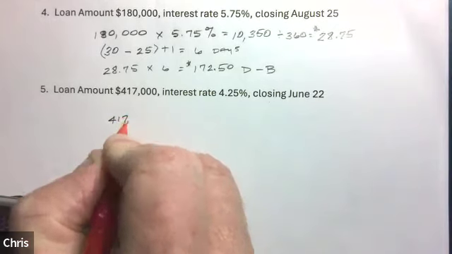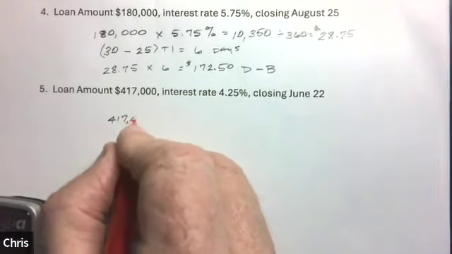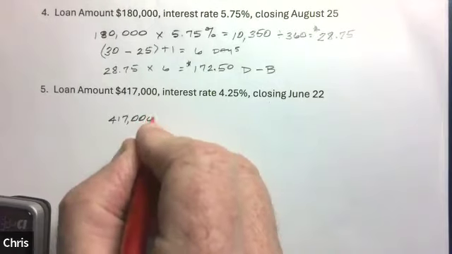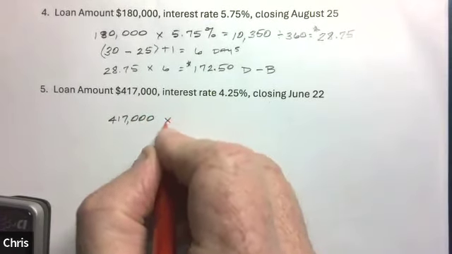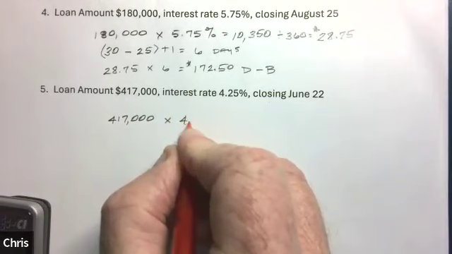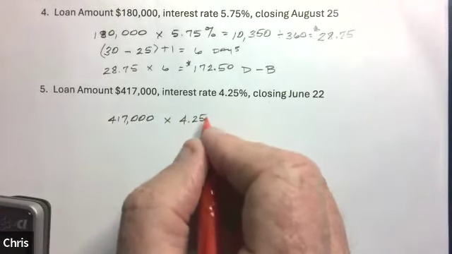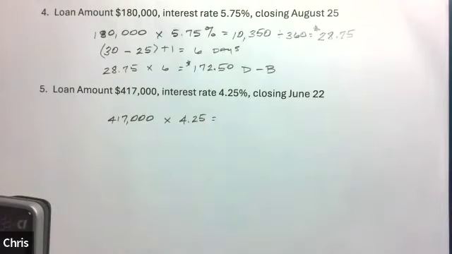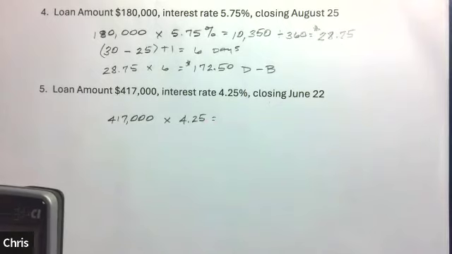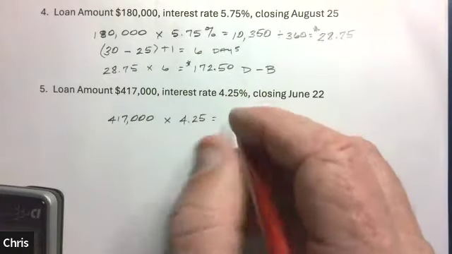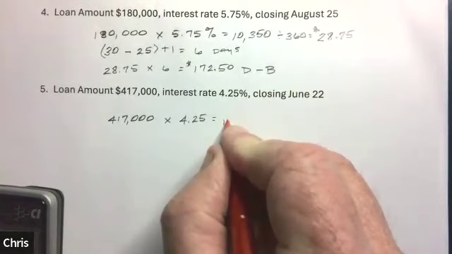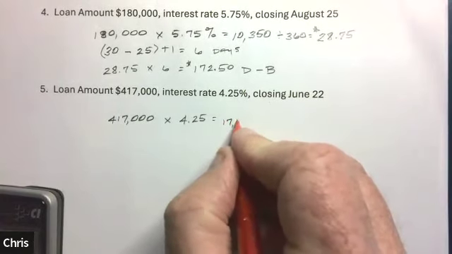Typically speaking, this is not where we choose to do a whole lot of tricks. 417,000 principal times rate of 4 1/4 is 17,722.50.